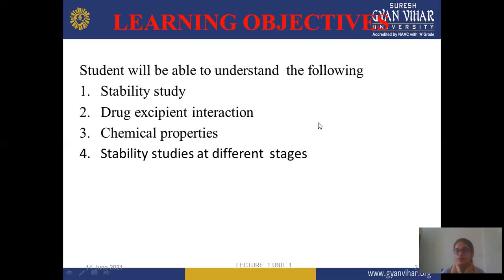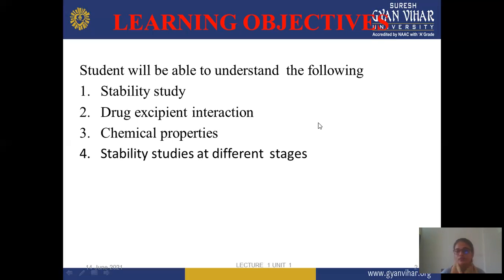Next is chemical properties, the different nature of the particular excipient and the drug. In this you check all chemical properties or chemical nature of your drug as well as excipient, not only of the excipient but also of the drug.